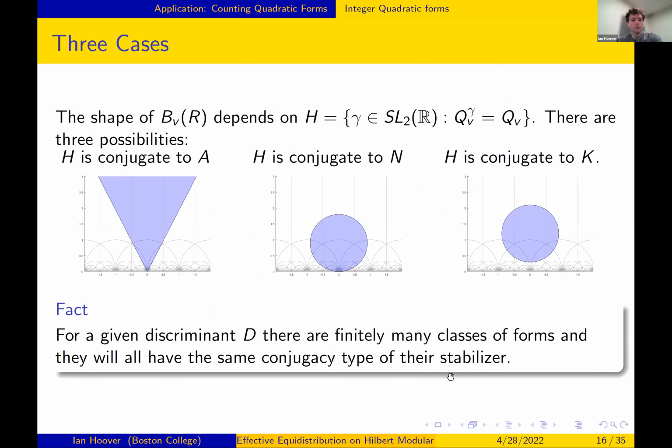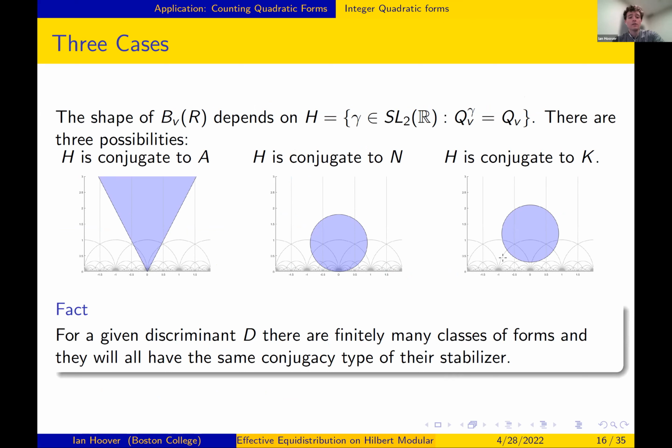Now, there are three different possibilities, which depend on the stabilizer of the form that we're looking at. If H is conjugate to A, the stabilizer is conjugate to that diagonal group, we get these shears. So the boundary looks like the shears that we were talking about. The other situations correspond to horocycles or spheres.